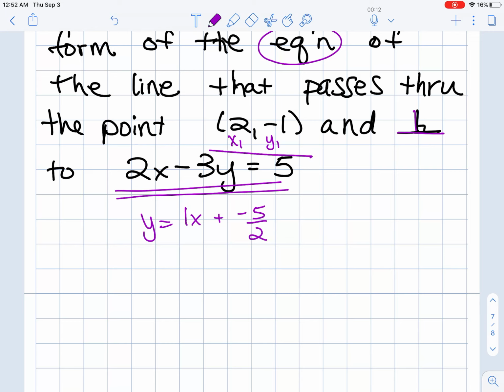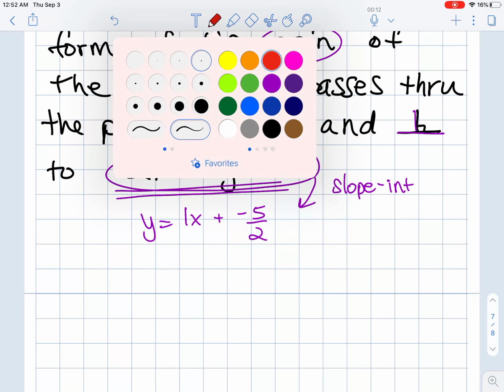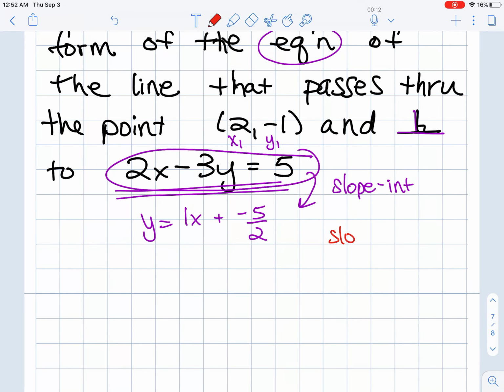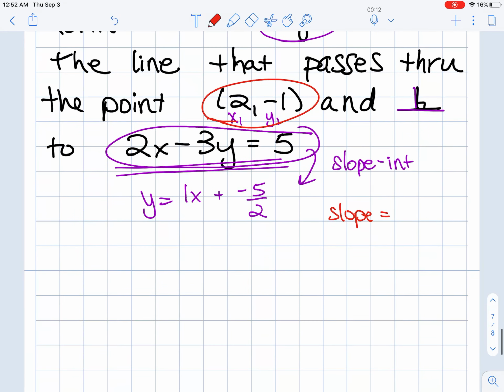And because we know it was the same, this is in slope-intercept form, which tells me what information is readily available. That's right, the slope. And our goal is that we have to know what the slope is and what a point is to be able to put it in slope-intercept form.